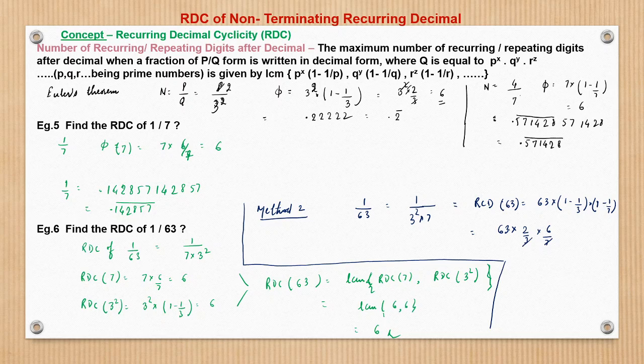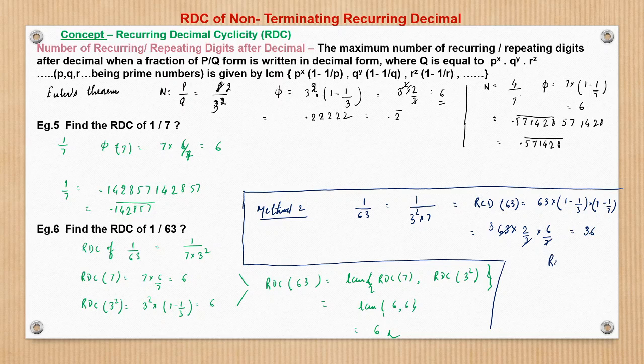Here 3 times it will go, so this becomes 36. So here we get an RDC of 36, and there we got an RDC of 6. We need to be very careful in understanding this concept.